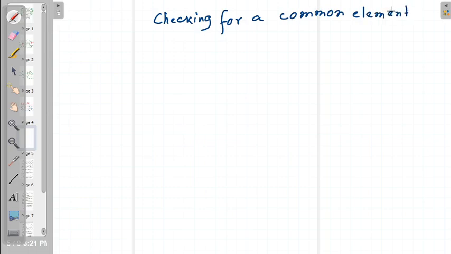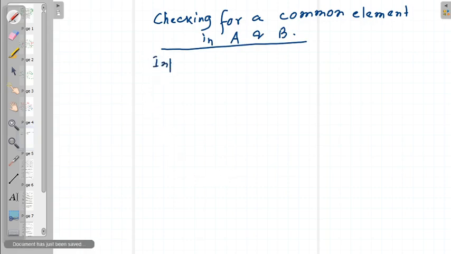This is what we get whenever we are searching for one element, whether it is there in either A or B. So now we are checking for a common element in arrays A and B. This is the problem we have got. We can write the input and output.